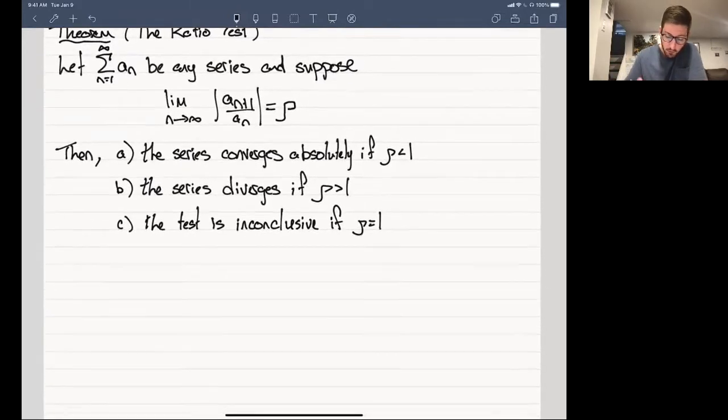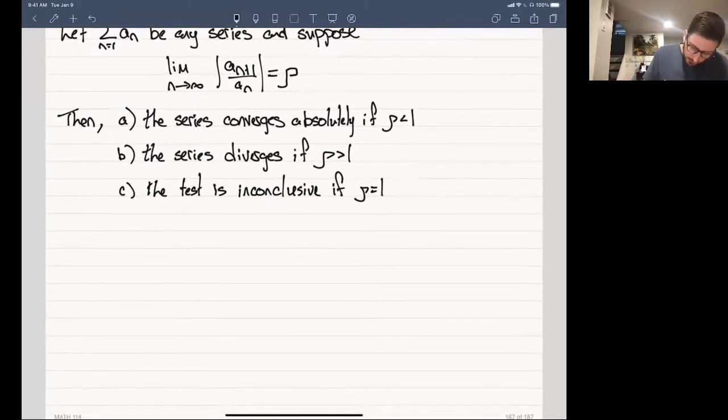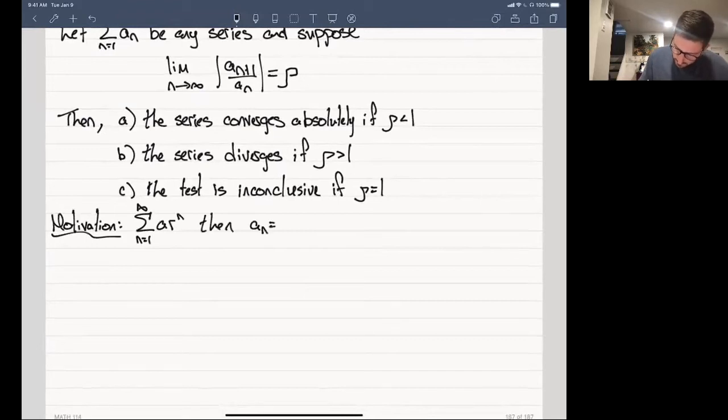And so, where does this come from? Let's just put a little motivation here. Well, if we have a geometric series, then a_n is equal to a r to the power of n, and a_{n+1} would be a times r to the power of n plus 1.